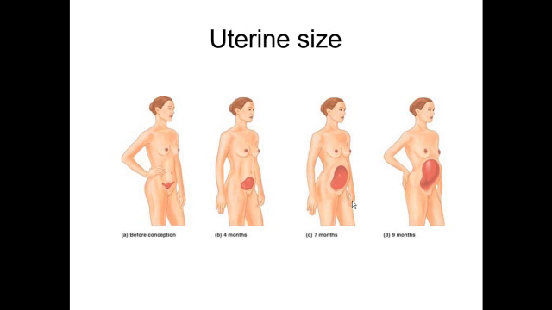We also see an impact on respiration, and again, as you see, especially in that 7 to 9 months, you see the size of the uterus pushing up against the diaphragm. So it makes it hard for the person to take a deep breath because, of course, the diaphragm has to contract and go downward.